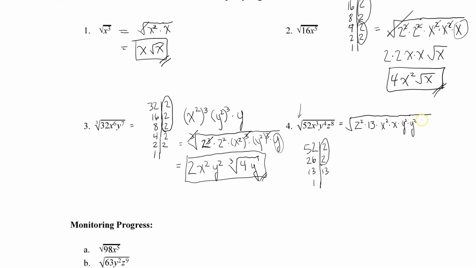And z to the 8th is z to the 4th raised to the 2nd power, because 4 times 2 is 8. And so the square root cancels the square here, the square here, the square here, here, and here.